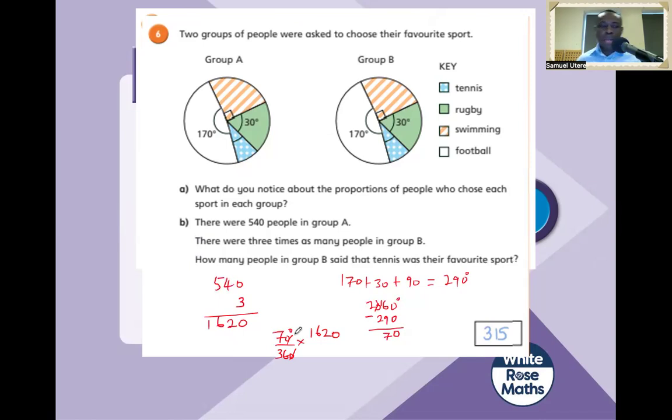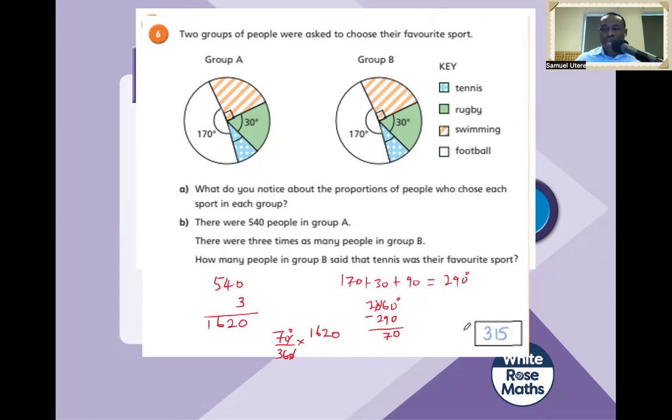So we do 1620 divided by 36, then times 7, which will give us 315.